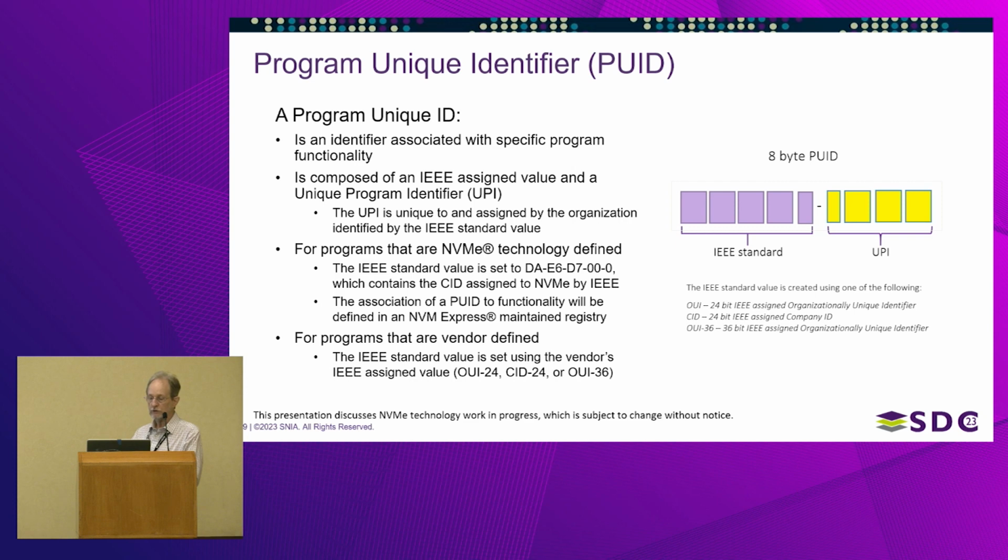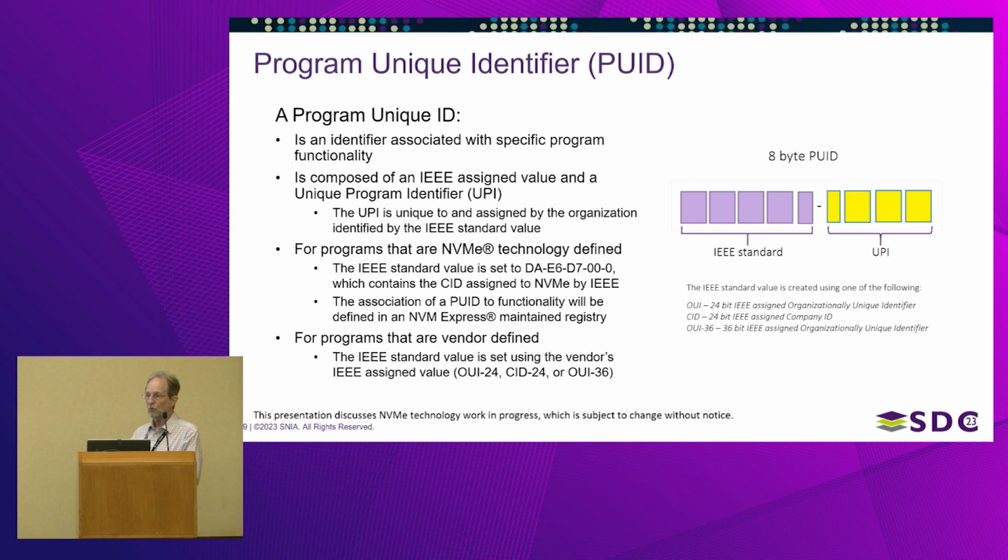Depending on which IEEE identifier your organization has been assigned will determine how big the UPI is. So when you take the entire 8-byte PUID, either 24 or 36 bits identifies your organization, and the remaining bytes and bits identify the actual UPI for that organization.